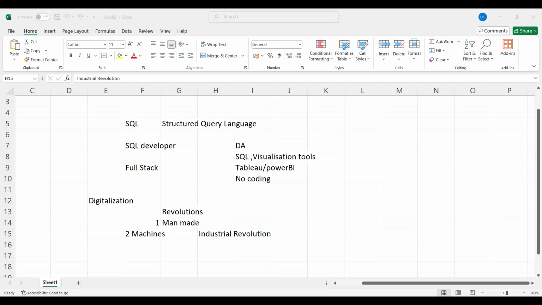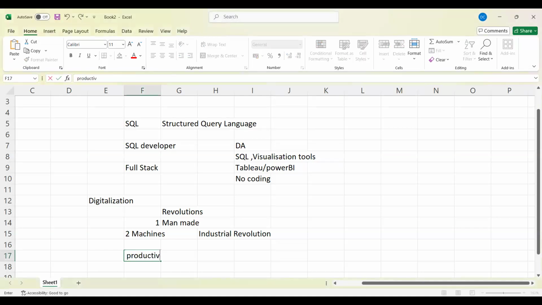As a human, whatever we did by hand moved to the machines. What are the advantages we got generally? Productivity increased.